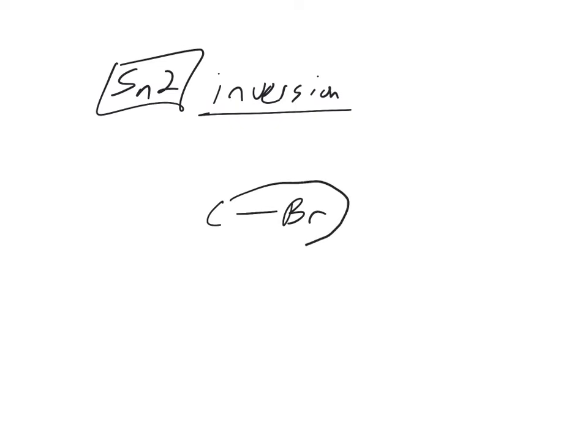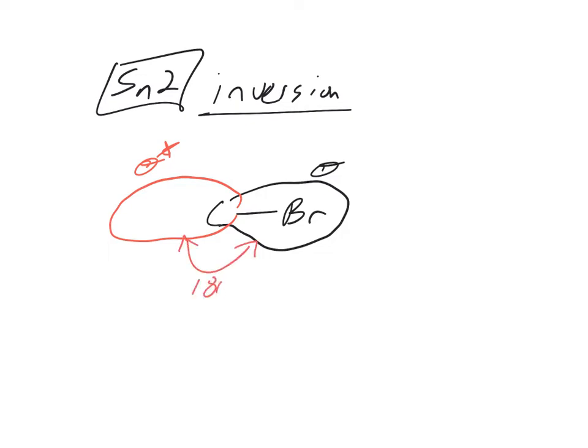So you draw the bonding orbital kind of like this, and that's a sigma bond. The antibonding orbital is where electrons are less likely to be at, and you draw that over here. That's going to be much more prevalent by the carbon. That's where electrons are not at. That's sigma star. And we know the angle between these two things is actually 180 degrees.